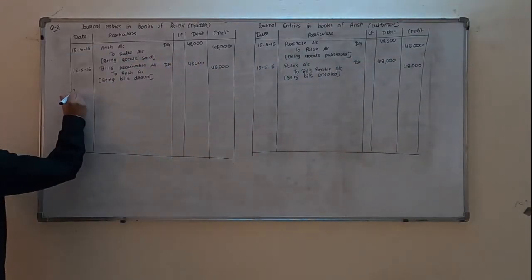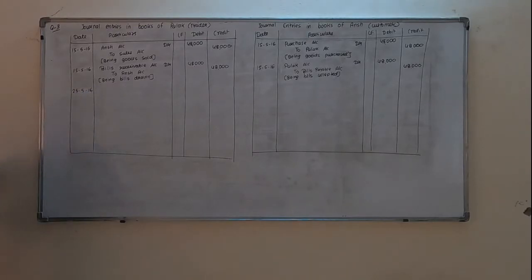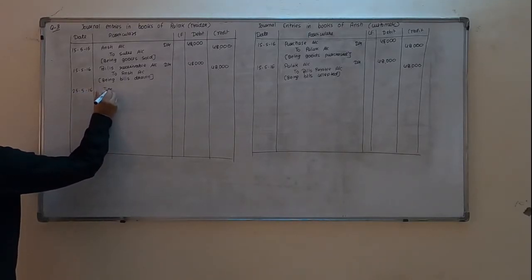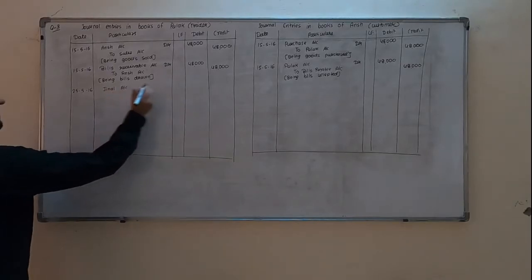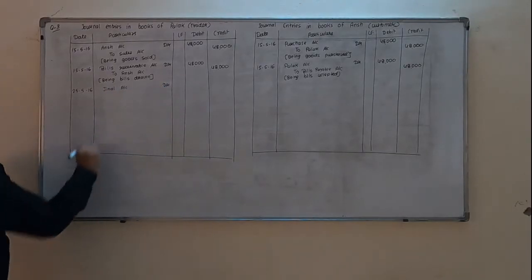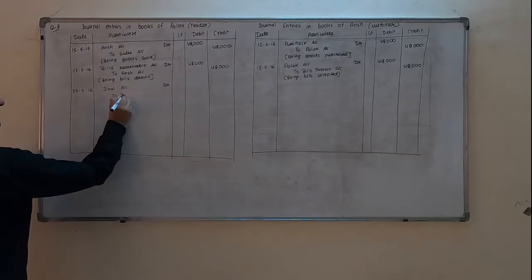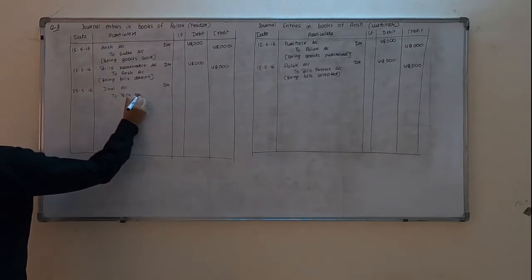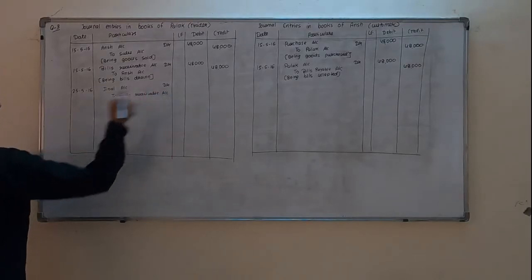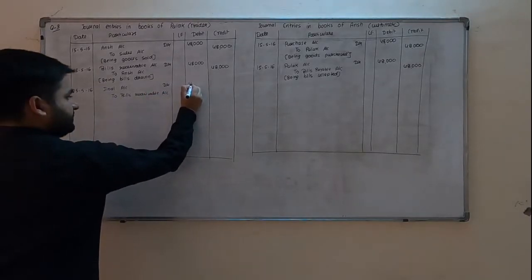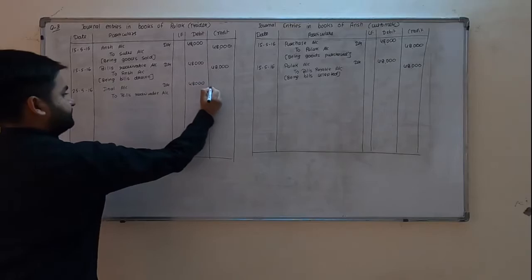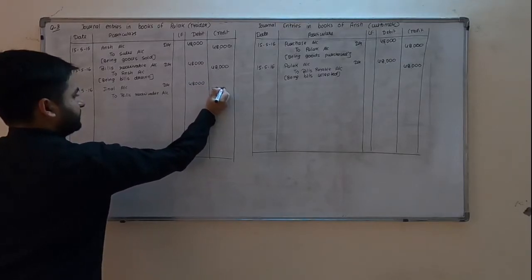So before the maturity date, we are endorsing the bill to a third person on 25/5/16. The name of the other person is Jinal. So Jinal account debit, as he is the receiver of that bill, to bills receivable account, same amount, 48,000.